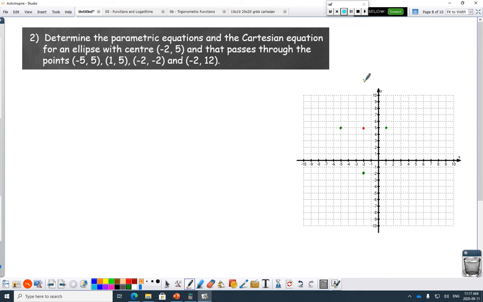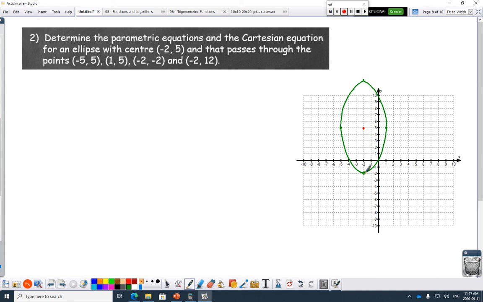Okay, well, that's a little off my screen, but I think it's enough that I'll be able to get the information I need. There's the ellipse. That's not a great drawing, but for me, that's pretty darn good.